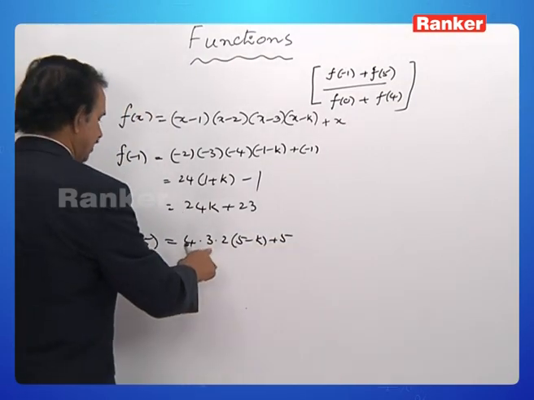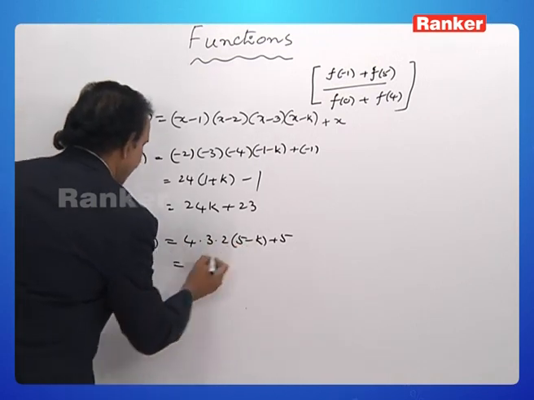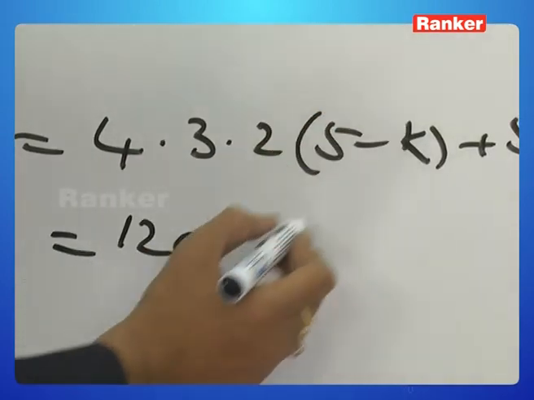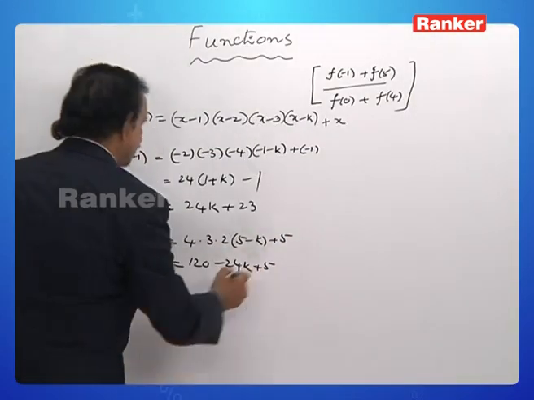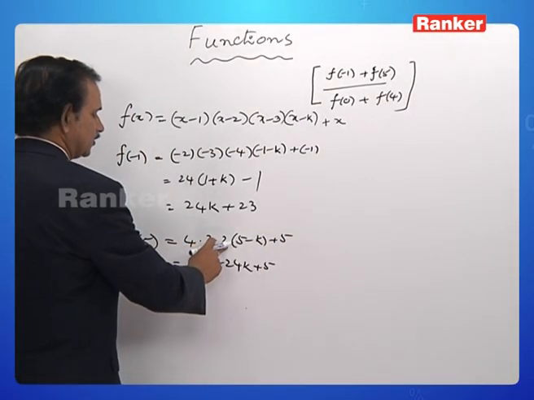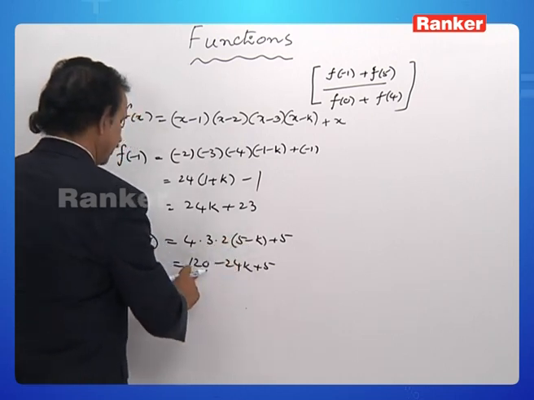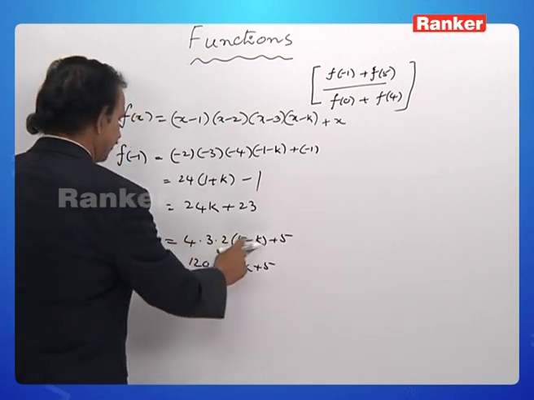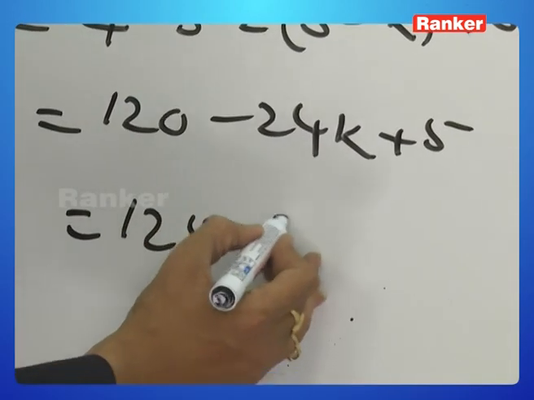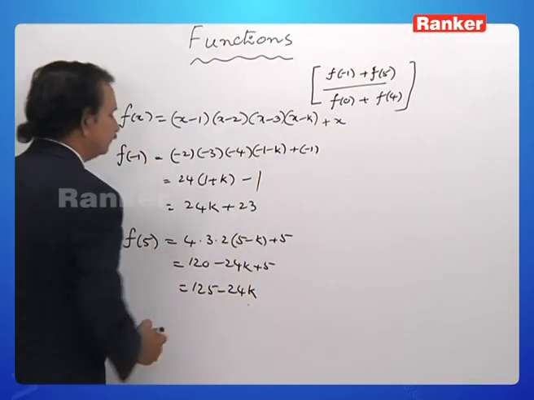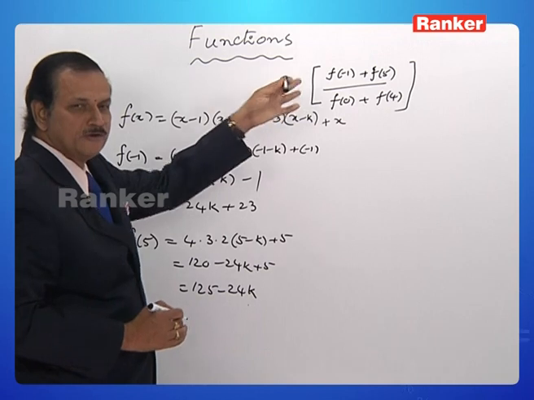Altogether, 4 threes are 12, 12 twos are 24, so 24(5-k) + 5. 24 into 5 is 120, minus 24k, plus 5. It is 125 - 24k. These two are the things available in the numerator.